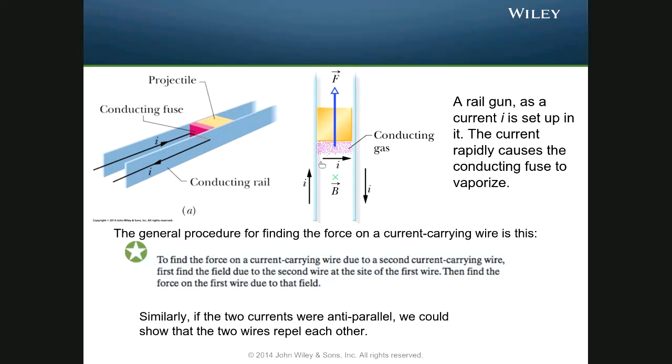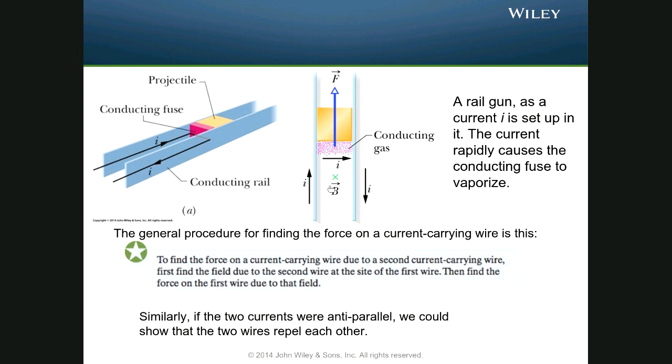Actually, they don't contribute here. Here you have the current going this way to close the loop, and that creates the force pushing the slug up the railgun. So you have this vaporization, and they'd be going opposite ways. They would repel and push, and that would give that force up.